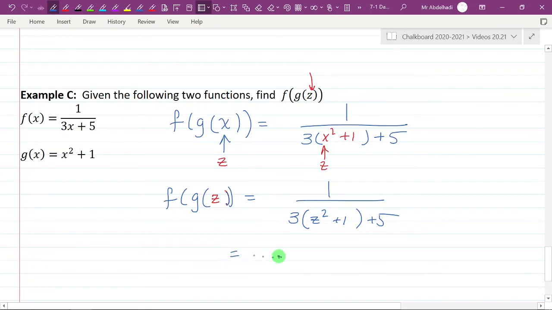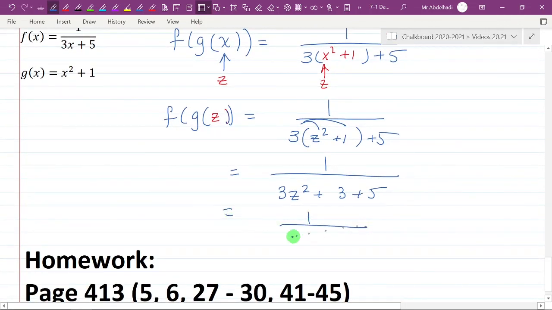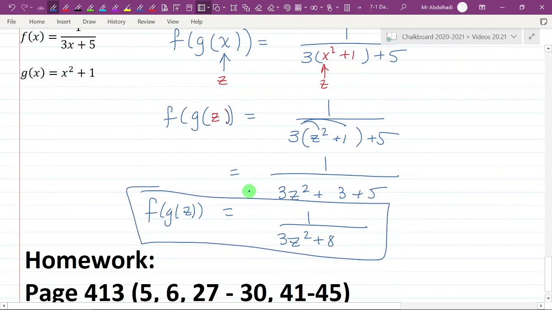And we can simplify that further now. Distribute that. We get 1 over 3z squared plus, that's going to be 3, plus 5. And then finally, 1 over 3z squared plus 8. And that is f of g of z. And we are done. See you at the next video.